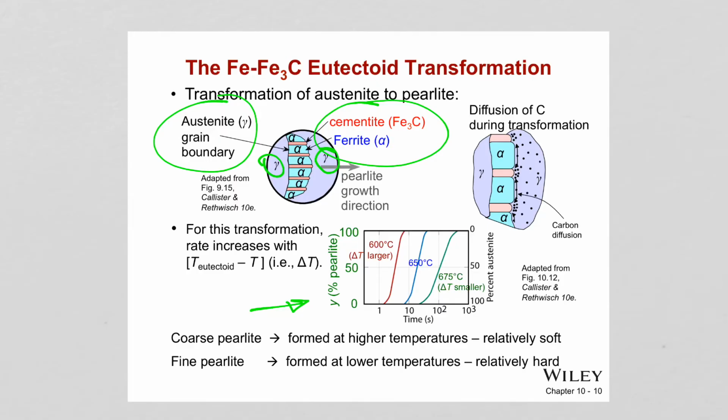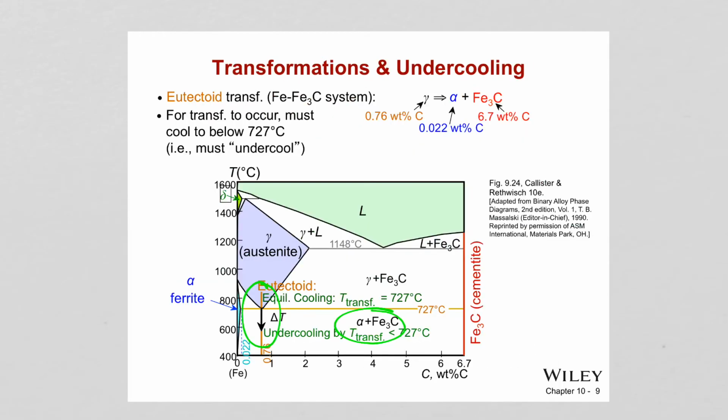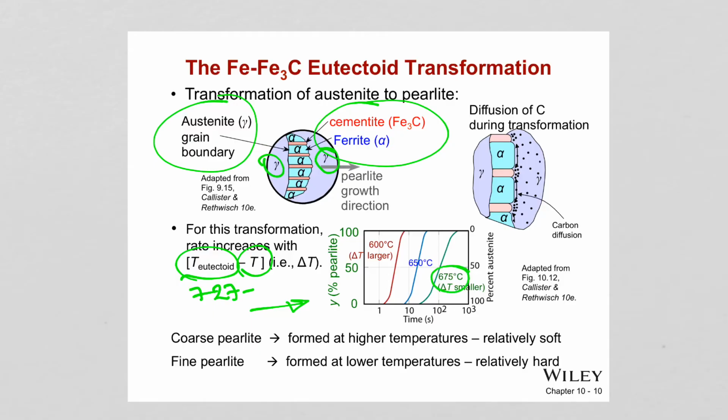And as you can see, when delta T is smaller, remember delta T is the eutectoid temperature minus the temperature you are at. So the eutectoid temperature is 727 minus, if this is the case, 675, right? That's going to give you a smaller delta T compared to subtracting 600, which is going to give you a larger delta T. So as you can see, if you go way below the eutectoid temperature, increasing delta T, the transformation happens within a shorter period of time compared to smaller delta T values.